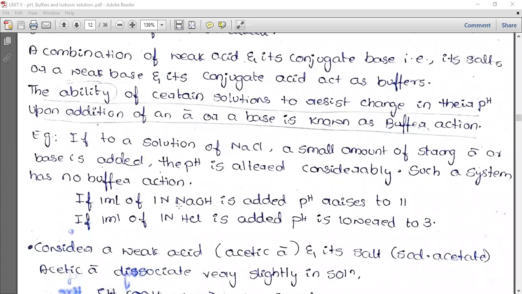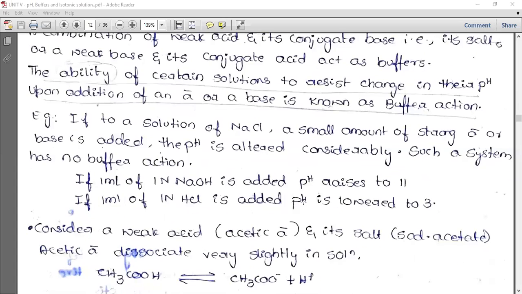If 1 ml of 1 normal NaOH is added, the pH rises to 11. If 1 ml of 1 normal HCl is added, the pH is lowered to 3. These solutions do not have any buffer, hence they will not resist any change in pH.